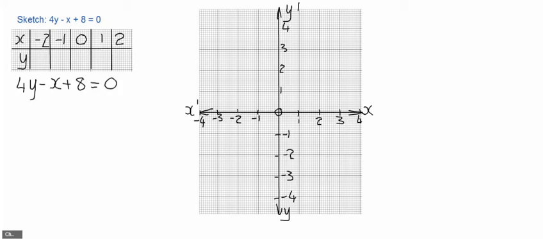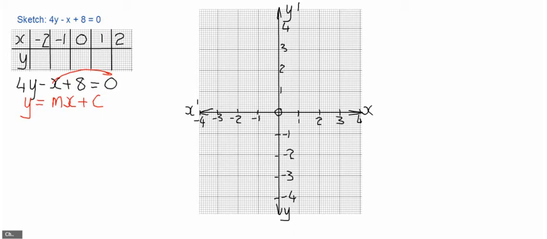Now the standard form for a straight line or linear function is always y is equal to mx plus c. So we want to try and take this equation to the standard form of y is equal to mx plus c. To do that, first of all, we're going to take negative x over to the right hand side.